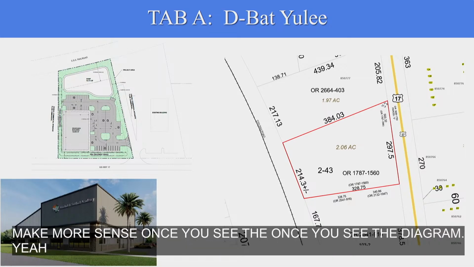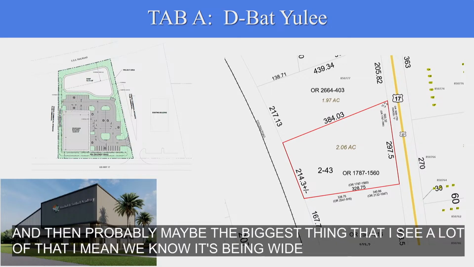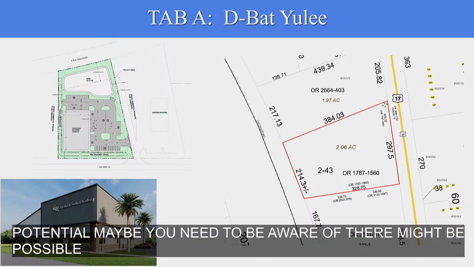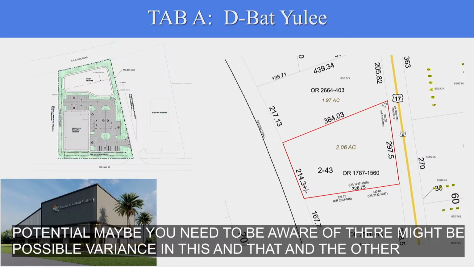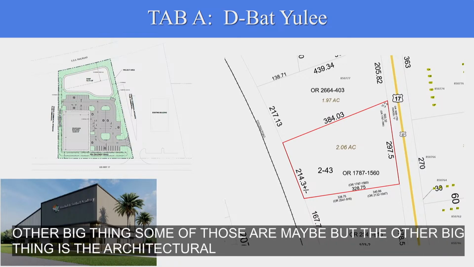And then probably the biggest thing that I see: we know it's being widened, and the wetlands are a potential concern you need to be aware of. There might be possible variances and this and that. But the other big thing is the architectural standards in the blueprint.